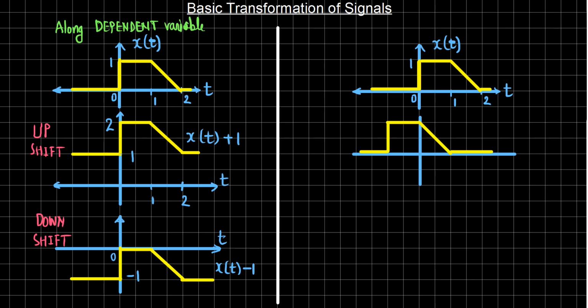And so on. Let me mark the axis. It is 0, 1, -1, this is t. Now, how can we express this new signal?